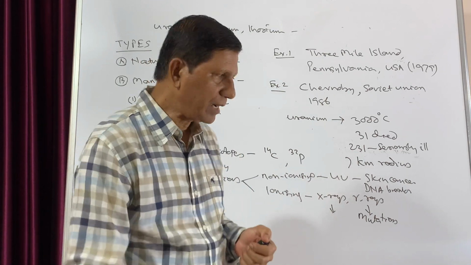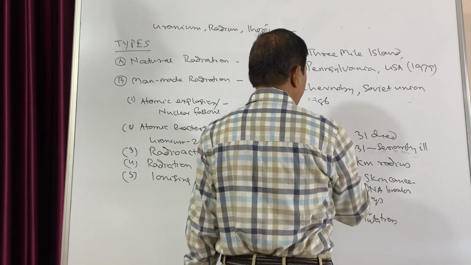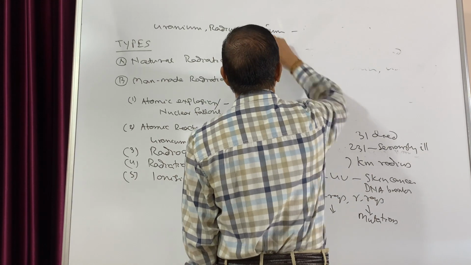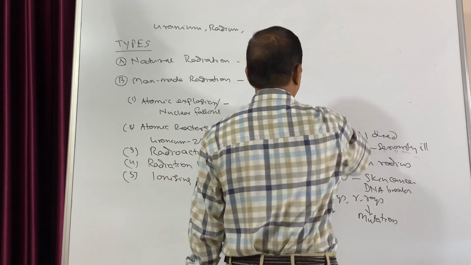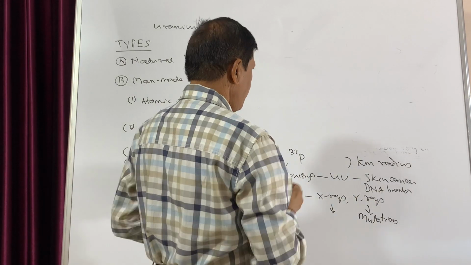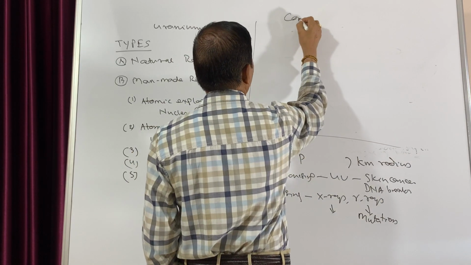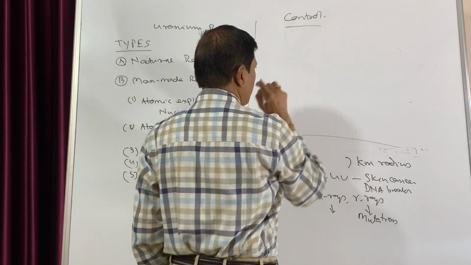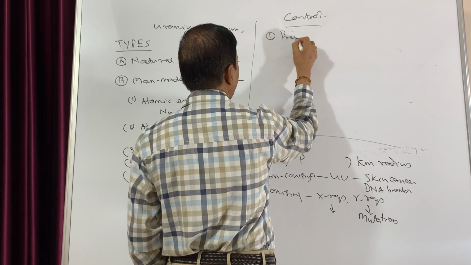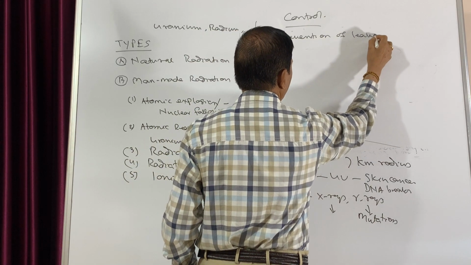Now, how can it be controlled? That means what are the control measures? So we will discuss the control measures. One of the control measures, the first important one, is prevention of leakage.